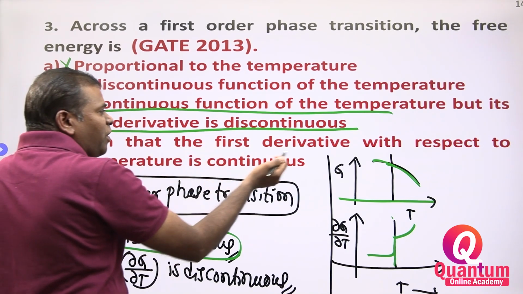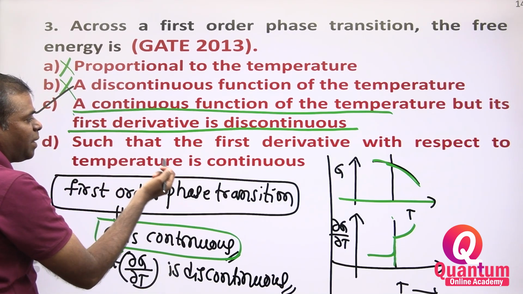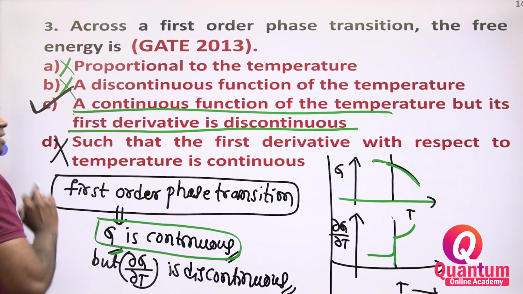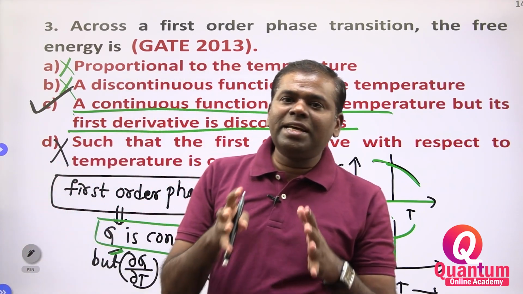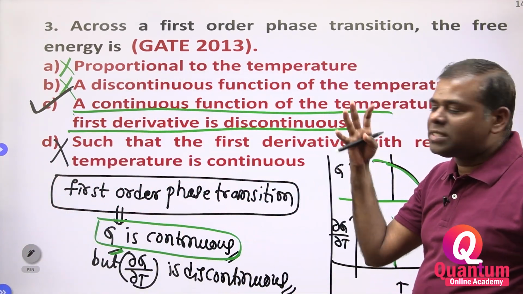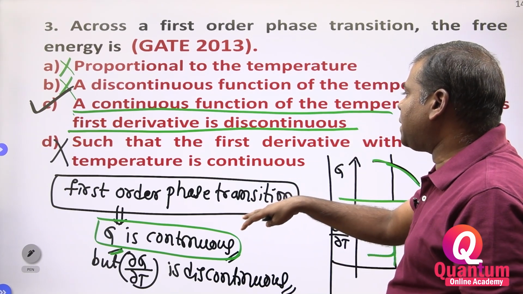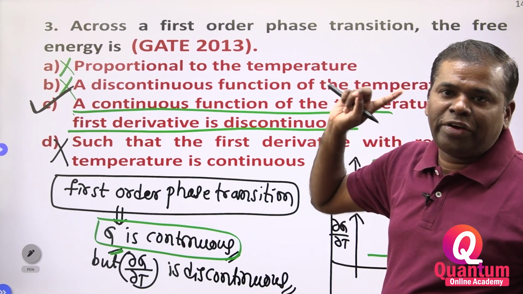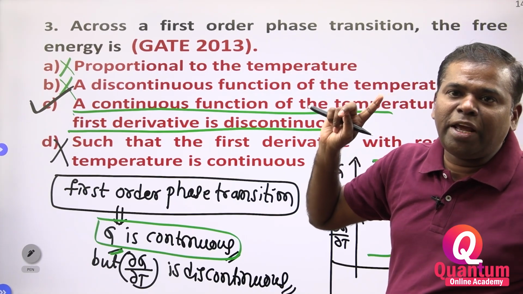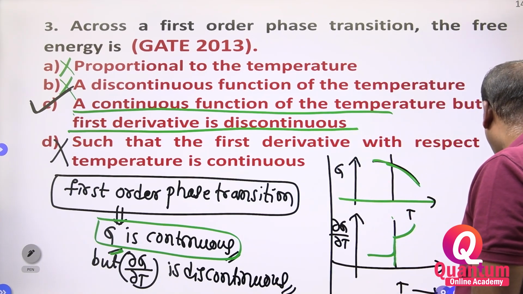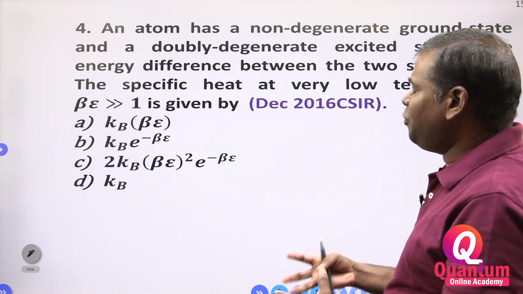Such that the first derivative with respect to the temperature is continuous: option D is wrong. Which option is correct? C is correct. That function is continuous, and the first derivative with respect to the temperature is discontinuous for a first order phase transition. This is very, very important, so you have to listen to this. Clear? Now we will see the fourth one.